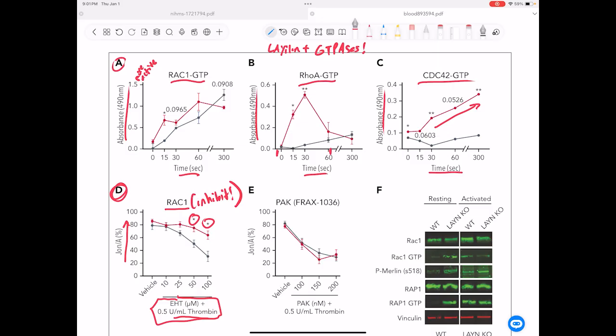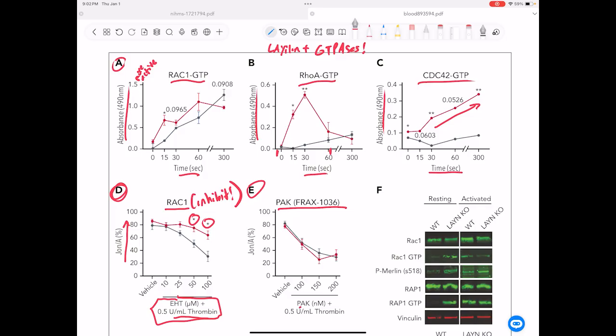Well, let's go to another position. Let's go to something that's downstream of RAC1. So we then looked at PAK inhibition. What happens when we inhibit the PAK protein, which, if you remember from the animation that I showed, RAC1, when it's activated, then phosphorylates PAK, which would then lead to the activation of integrin.